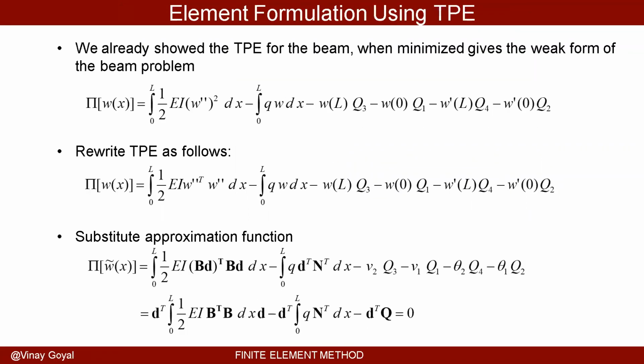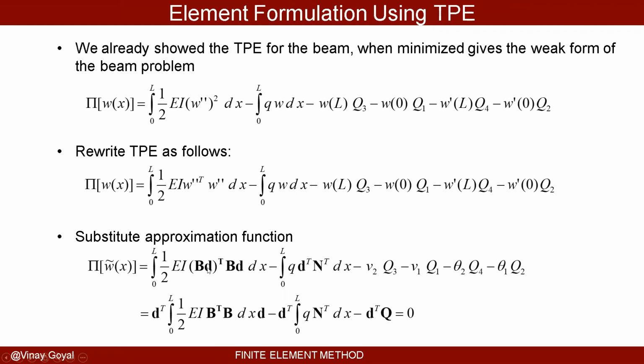So I can plug that in here, here, here, and here. Here it should be N bold, Q bold, D bold. When I do that, I get B bold, D bold here and B bold, D bold here. For W, I get M bold, D bold, as you see here.